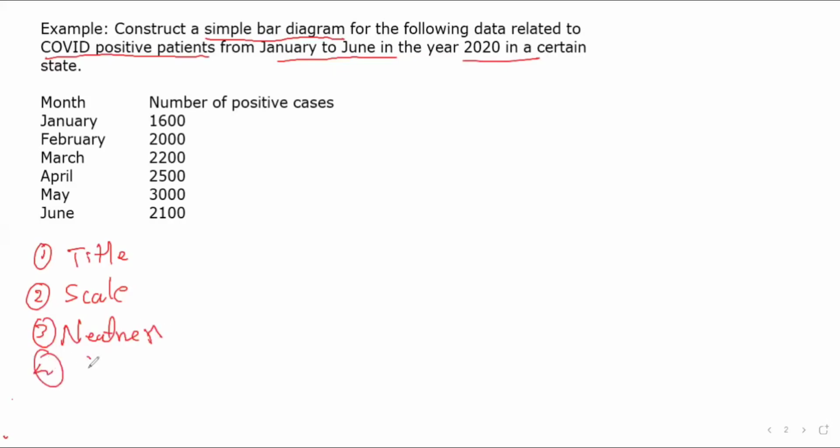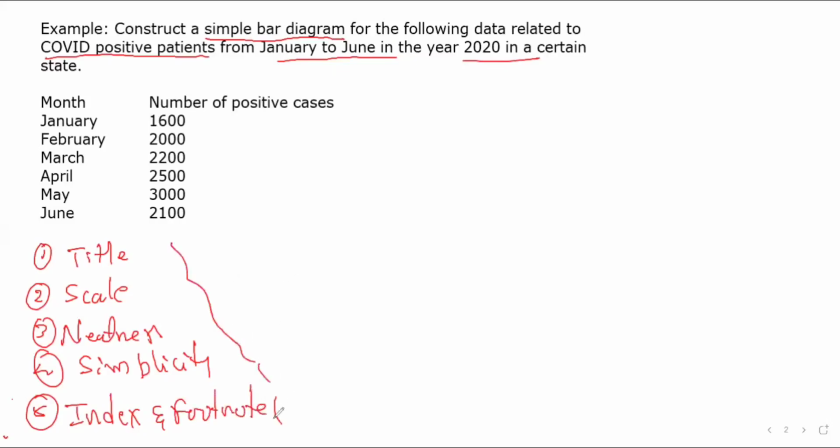The fourth is simplicity. And the fifth is index and footnote. We need to follow these five rules while constructing any diagram or graph. Here I will consider the first two axes.